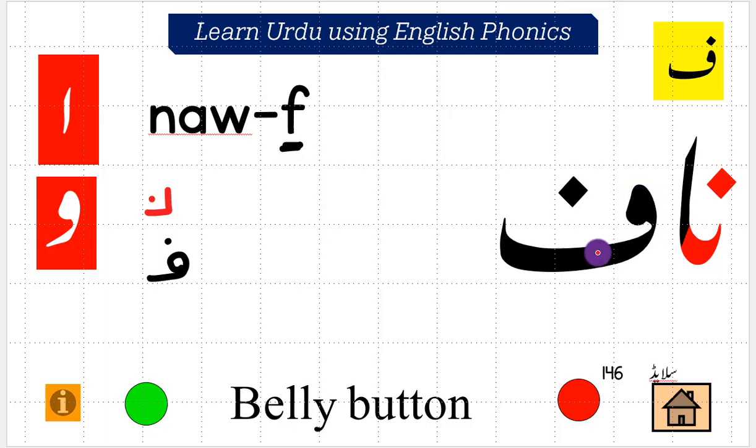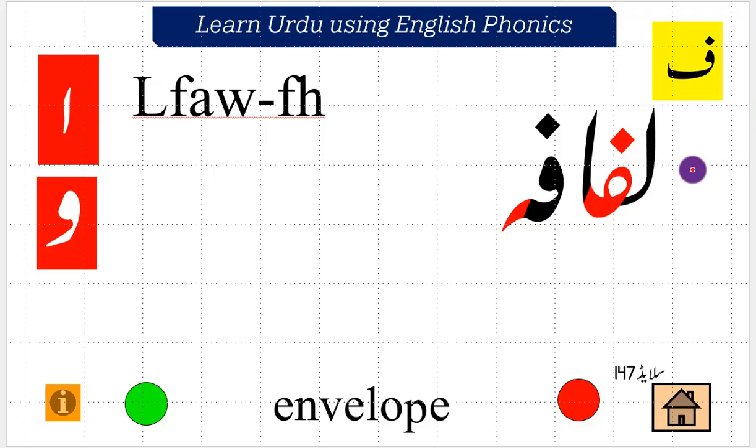That's the full form of the f sound. Na, f, naf. Yes, this is its phonics code. Na, and this dash represents a space. Naf, naf. In English we say it's a belly button. In Urdu we say naf. Let's move on with the last word of today's blends.